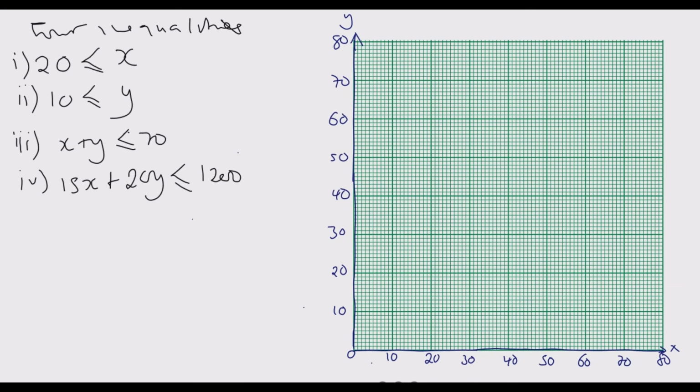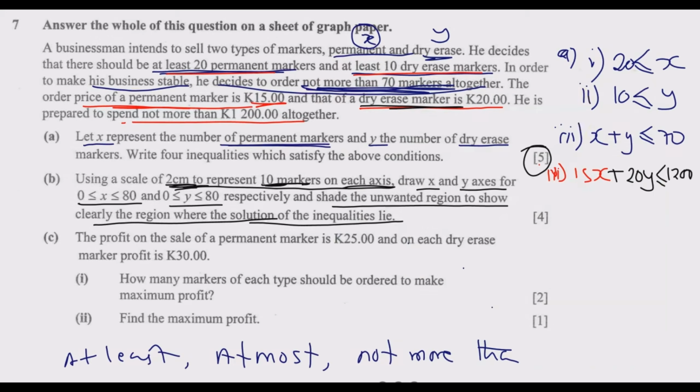What is important is to make sure that the graph is well labeled, such that we have the x-axis clearly labeled and the y-axis clearly labeled. Remember, if you check the instruction, we have x ranging from 0 to 80, and also y from 0 to 80, where 80 is part of the range.